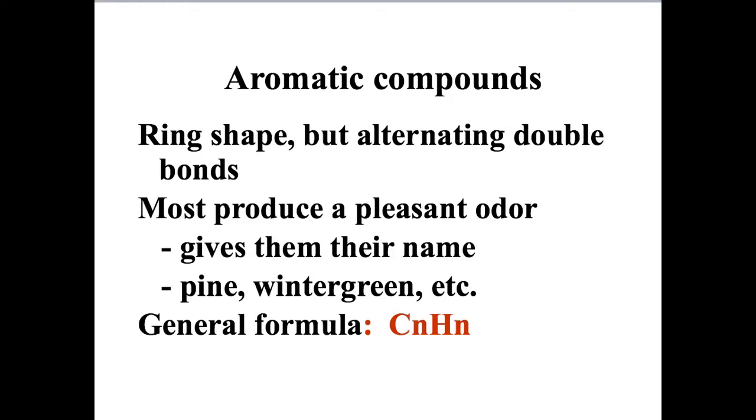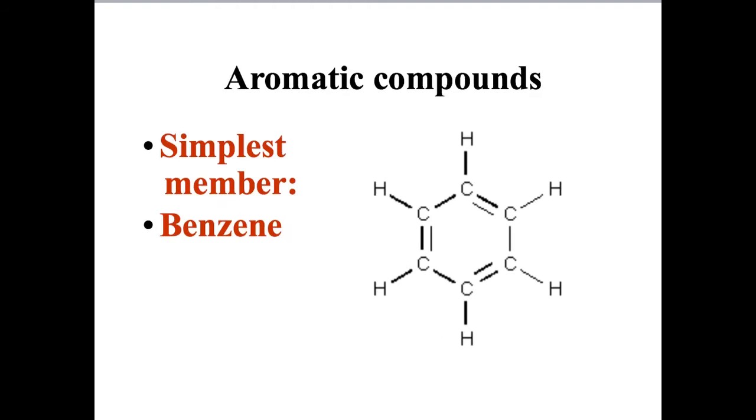The pine fragrance that you would have in your car air freshener is an aromatic compound. Wintergreen that you get in gum or mints, that's an aromatic compound. These are all hydrocarbons. Another one is banana flavor, strawberry flavor. Lots of the mints are aromatic compounds that we make in a lab.